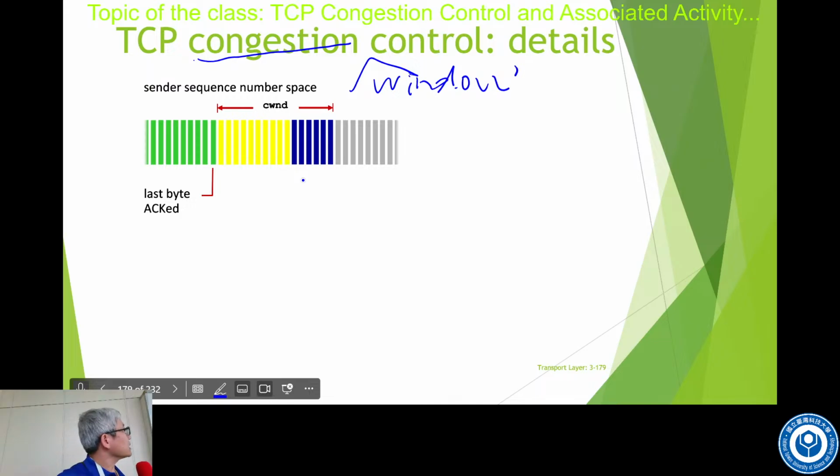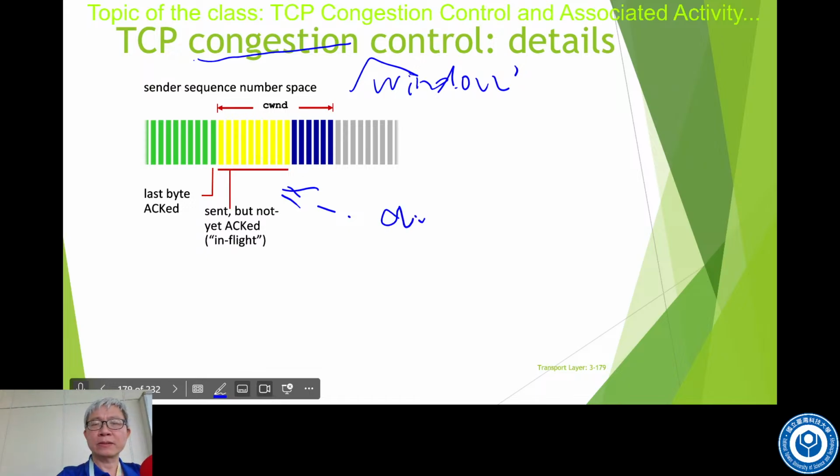Similar to TCP, we have the current window. We try to have a dynamic size, and so that we have the upper window. So this is a congestion window.